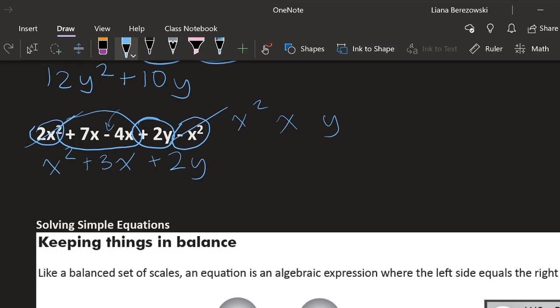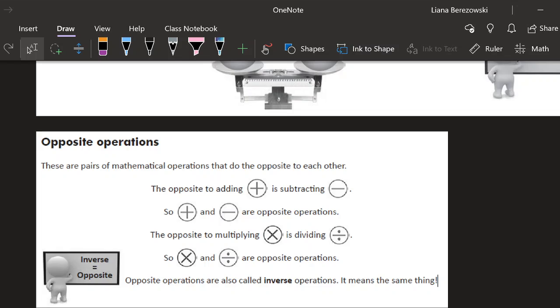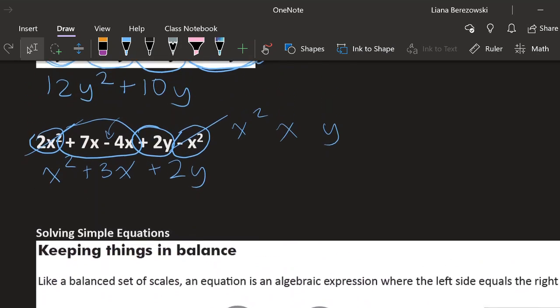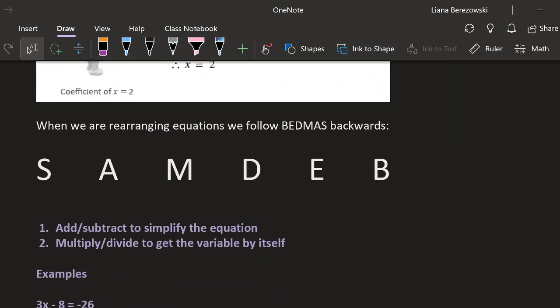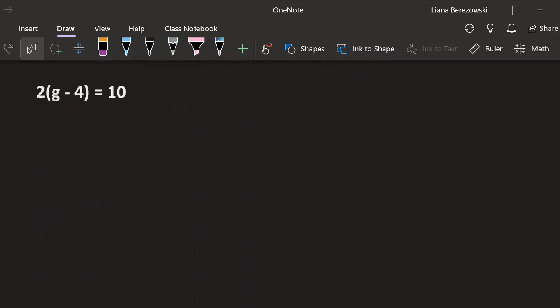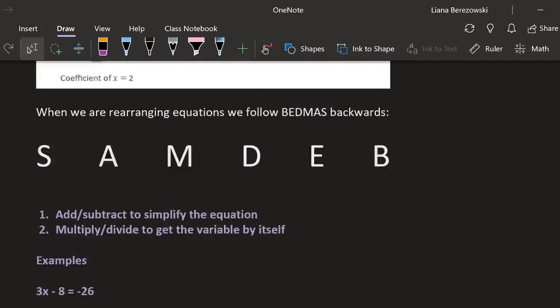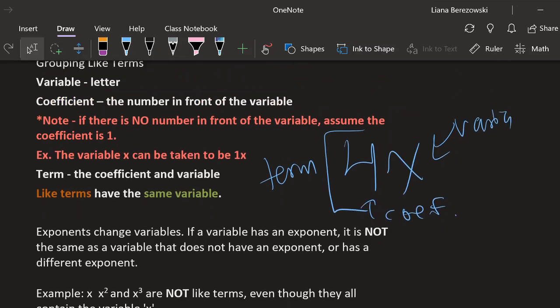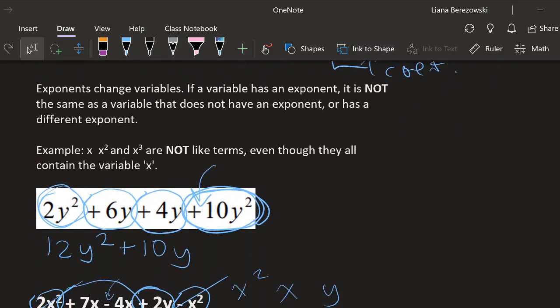I think that what we'll do is we'll end it there for today. The rest of the note is just solving different types of equations, which we will definitely be able to get through tomorrow. Now, I don't have the word problems at the end of this note because we just did them on Thursday.